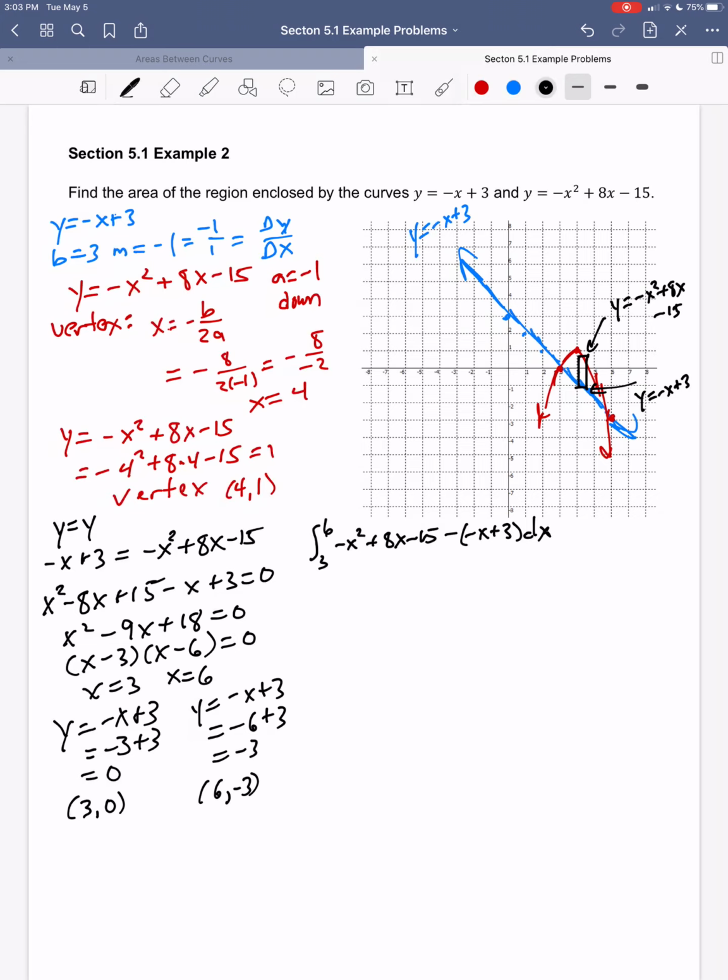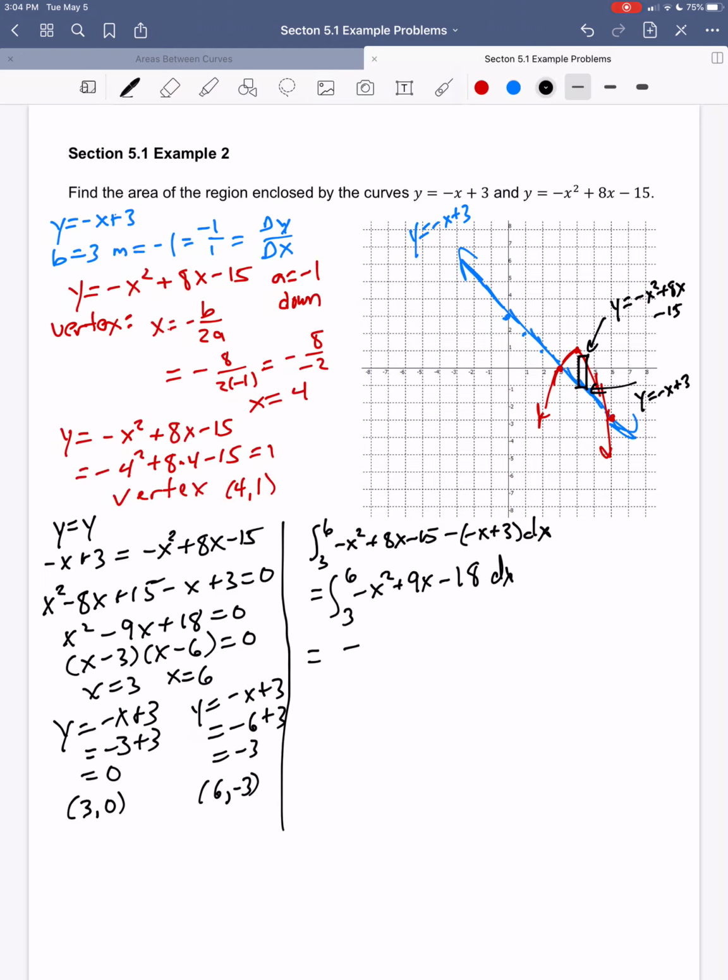So that's the integral from 3 to 6. We get negative x squared. I'm going to distribute and combine like terms at the same time. So minus a negative becomes plus. So I get positive 8x and a plus x, so that's going to be plus 9x. And then I'm going to get minus 3, so negative 15 minus 3 would be negative 18. And now I'm going to integrate.